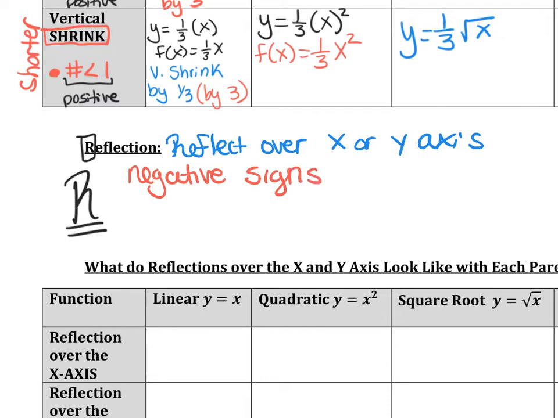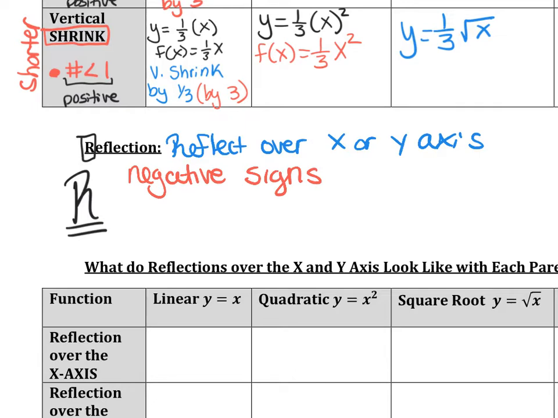So reflections are denoted by the negative sign. So just the negative sign by itself is a reflection. Any number that it's in front of would be the stretch or shrink. So again, stretches and shrinks are always positive numbers. The negative we deal with the reflection.